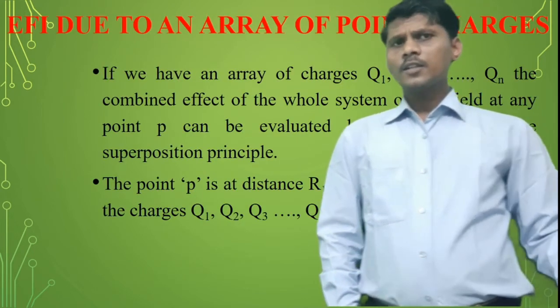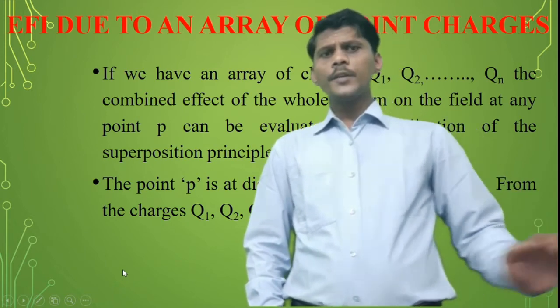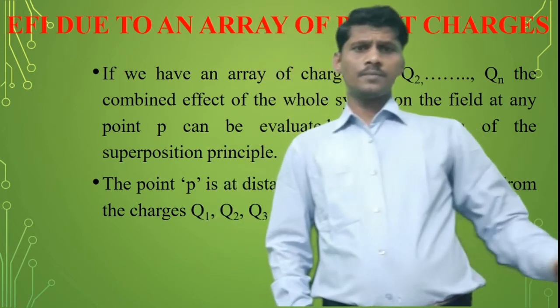Next, electric field intensity due to an array of point charges. If we have an array of point charges Q1, Q2, Q3 and so on up to Qn, find the total electric field intensity at the test charge. Consider the test charge at point P due to the array of point charges.